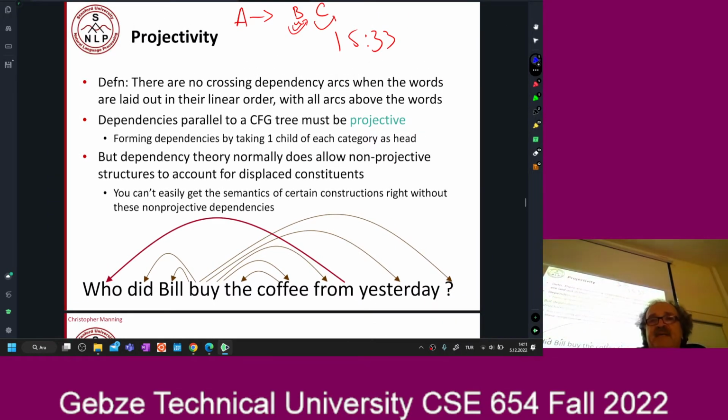No crossing dependency arcs when the words are laid out in linear order with all arcs above the words. Okay, how do you fix the projectivity problem here? Who did Bill buy the coffee from yesterday? Make it non-projective. Grammatically better form.